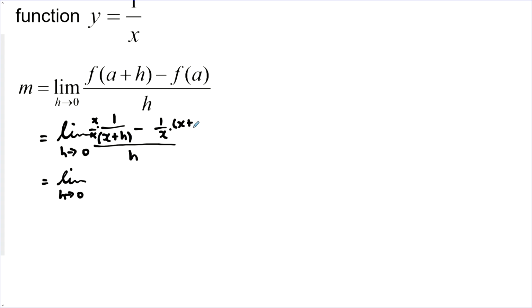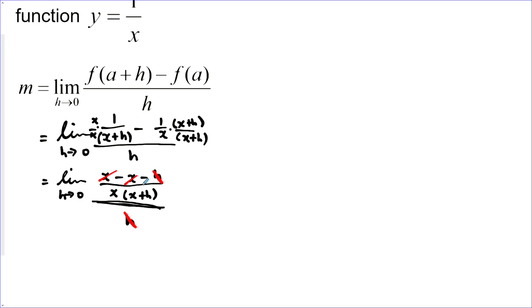This one is x plus h over x plus h. So we have x minus x plus h, and we've got x times x plus h here, and then under it all is our h.